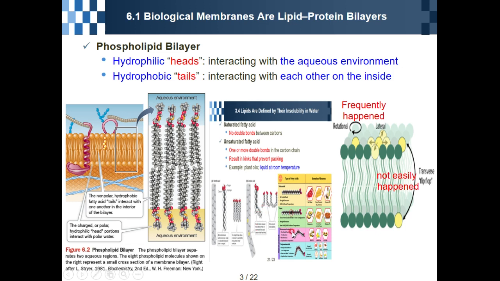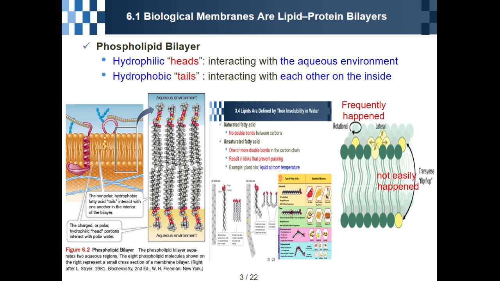For example, in this dimension there are 1, 2, 3, 4 phospholipids, but whenever the kink happens, in the same dimension only 2 are available.